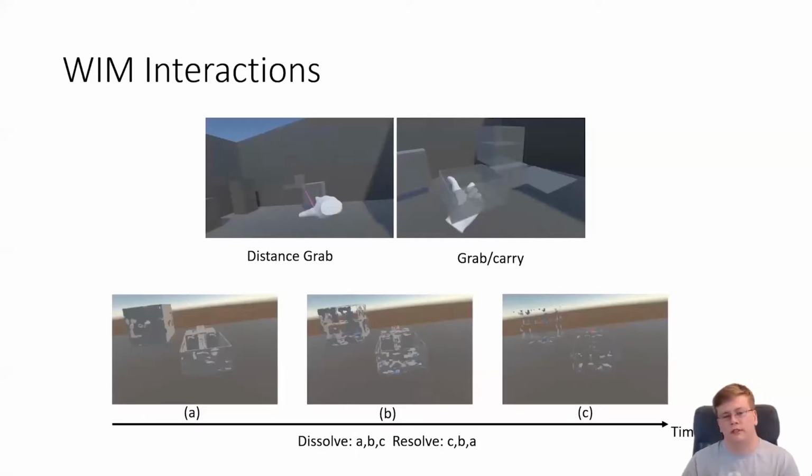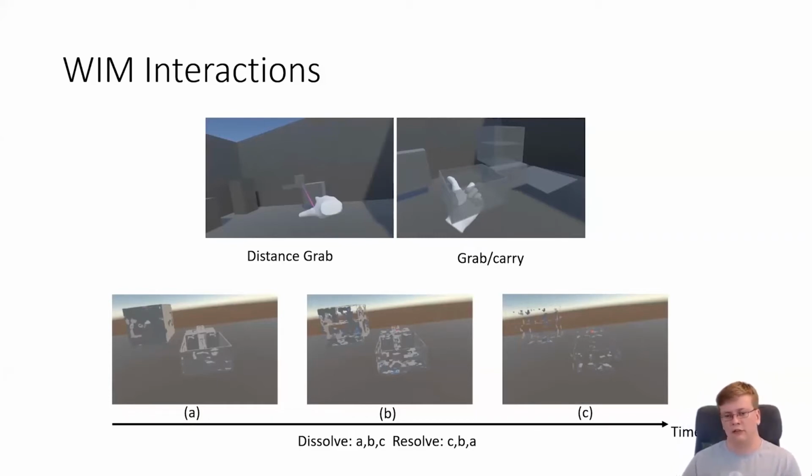Instead of attaching the miniature model to the user's hand, we decided to treat the miniature model as another 3D object in the virtual environment, which means the user can grab it, carry it around, or leave it anywhere in the scene.